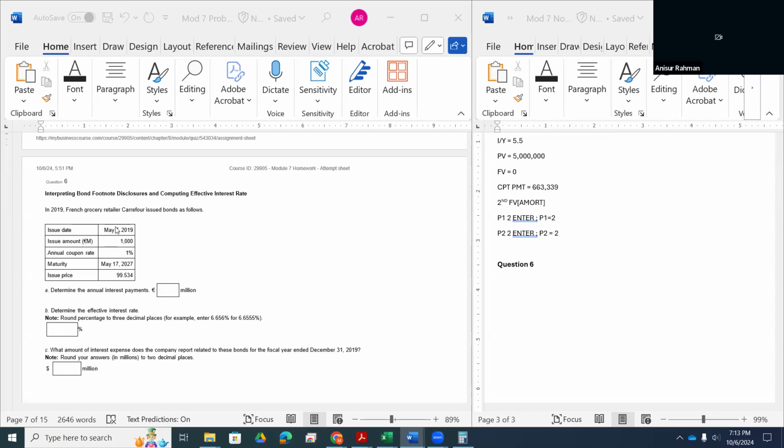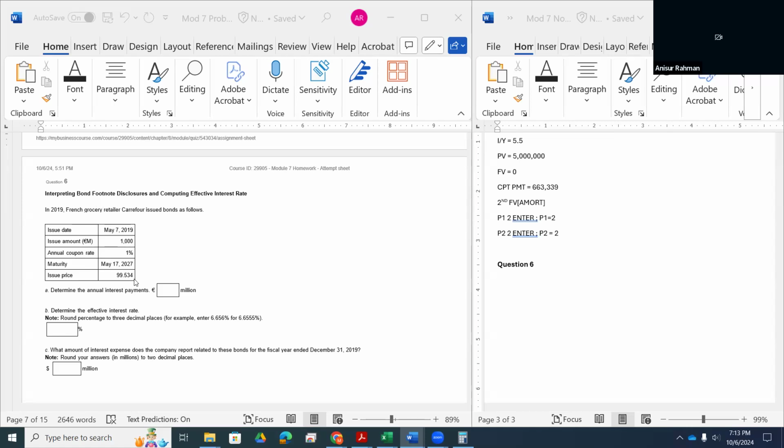We have a bond that was issued on May 7, 2019, issue amount 1 million. So that is the face value. Annual coupon rate 1%, maturity is on May 17, 2027. So we have 8 years.